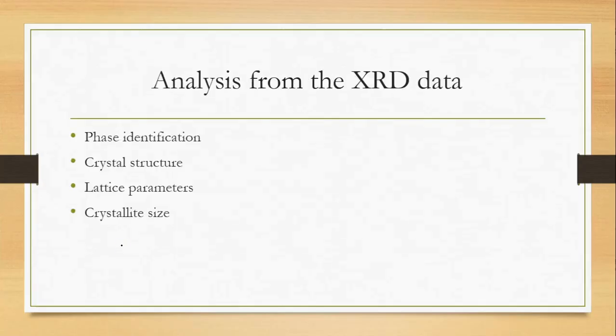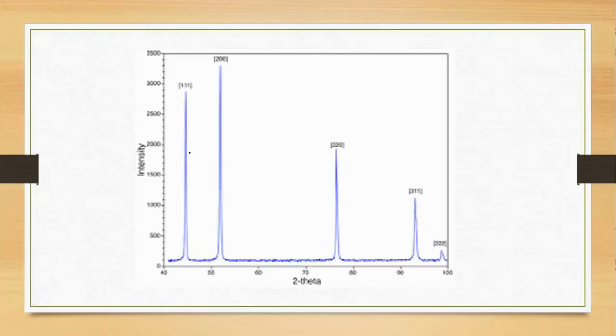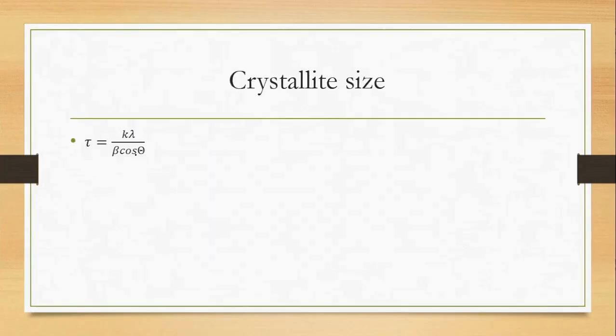And if I go back to this picture, from here you can determine this full width half maxima at this point. And do note that you have to divide it by 2. You cannot just use 2 theta. You have to take it by half. And of course, I think I've explained this part. Okay, and theta is referred to as the Bragg angle. So that's how you calculate crystallite size.